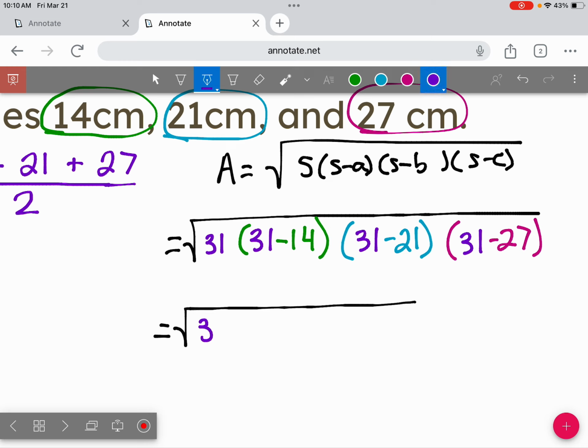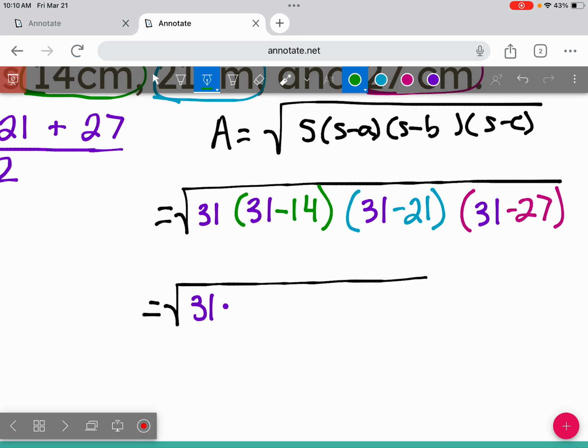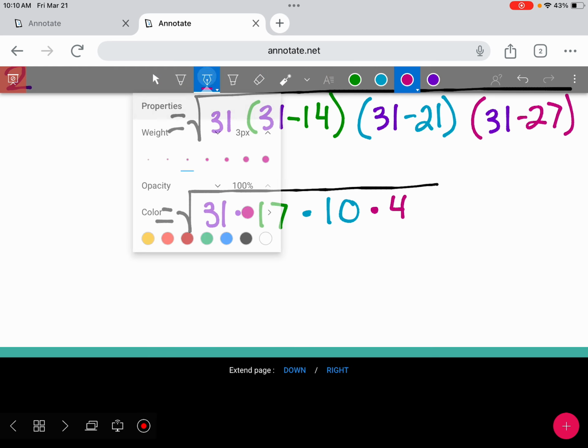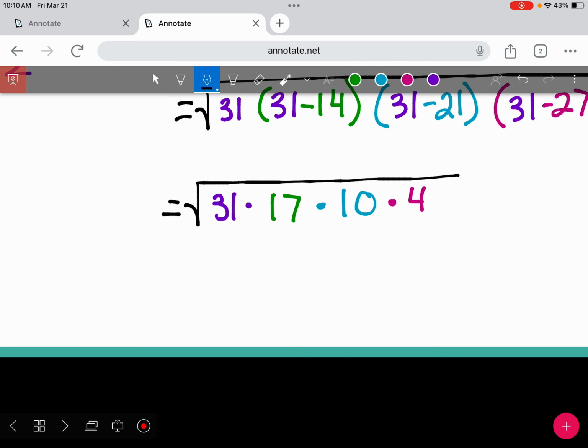Because we have 31 times, what's 31 minus 14? 17. 31 minus 21, 10. 31 minus 27, 4. 31 times 17 times 10 times 4. You could simplify it there. Or we can type in the square root of 31 times 17 times 10 times 4. What do we get as our area?